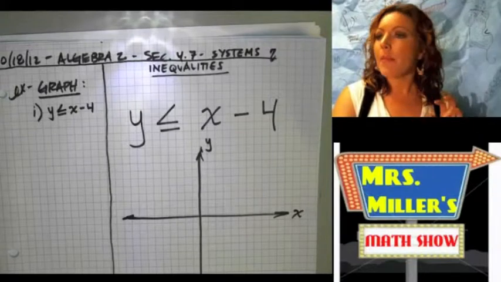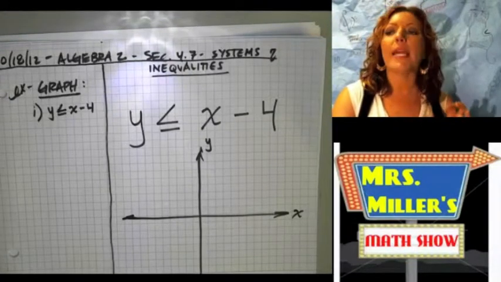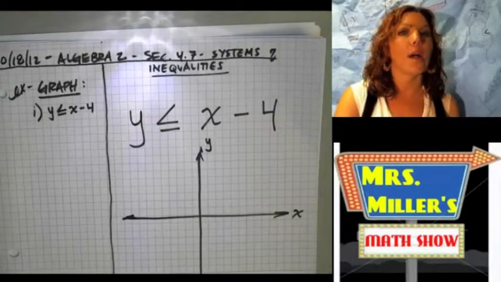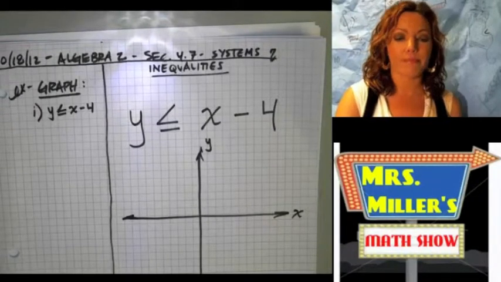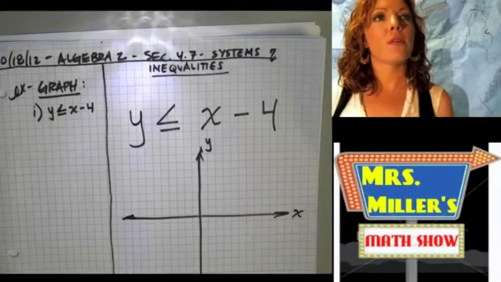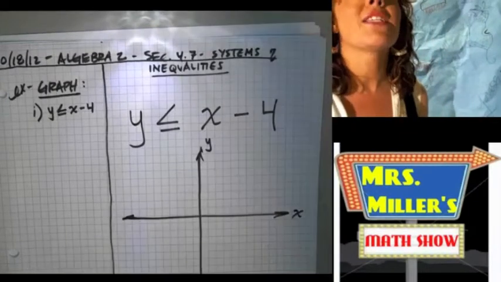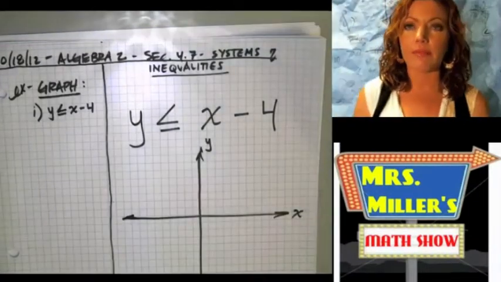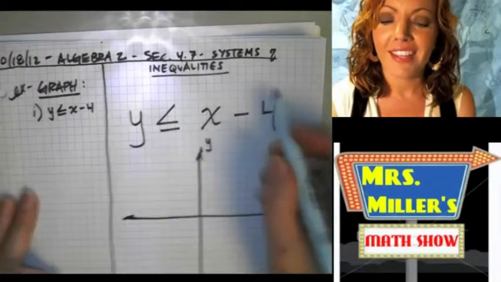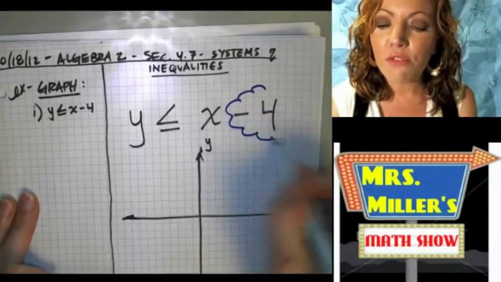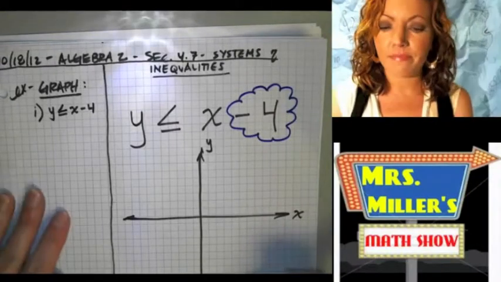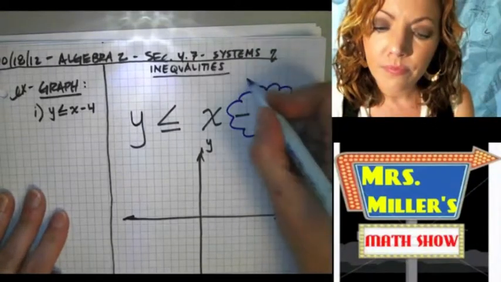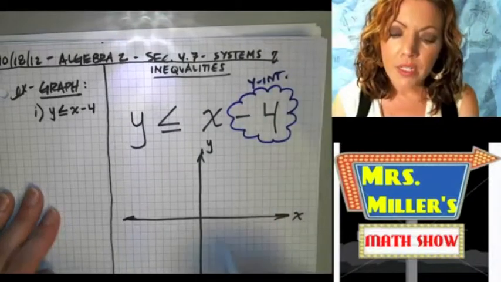Somebody refresh my memory. If this was just y equals x minus 4, how would we graph y equals x minus 4? Crawford. Perfect. She said -4 and 1 over 1. So what do those numbers mean? -4 is on the y-axis.